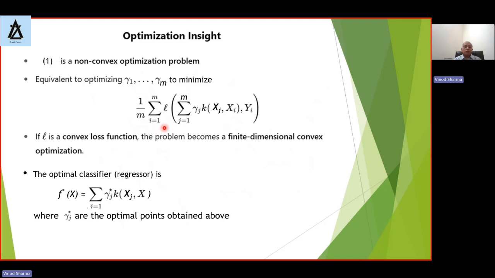This is one of the simplest problems, and using gradient descent, stochastic gradient descent, and other methods, we can get the globally optimal solution for this. If we represent that optimal solution by gamma_1 star to gamma_m star, then the optimal classifier or regressor can be written as f star(x), for any input x, the sum over j equal to 1 to m of gamma_j star K(x_j, x). x is what we are computing it at, and the x_j's are the training samples.